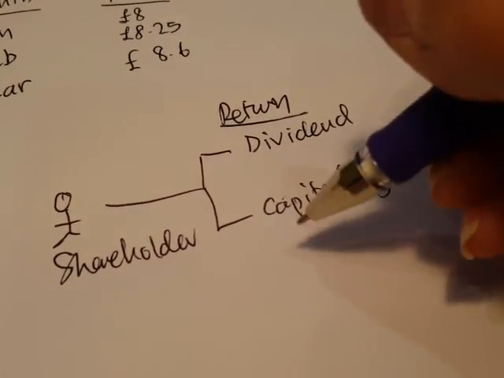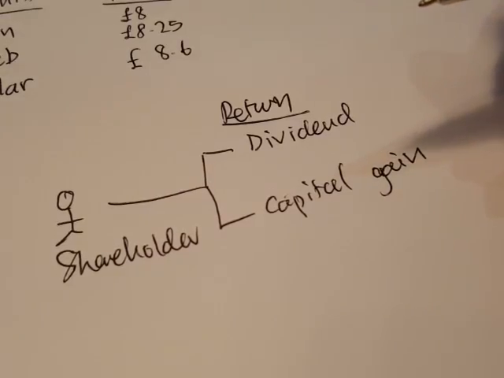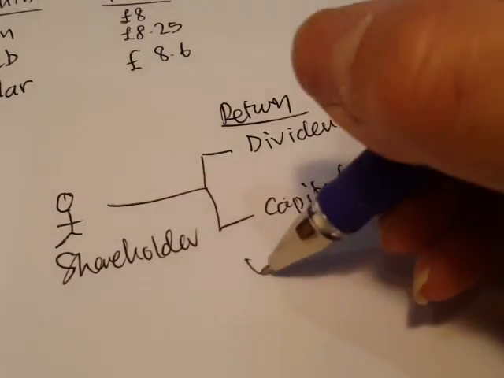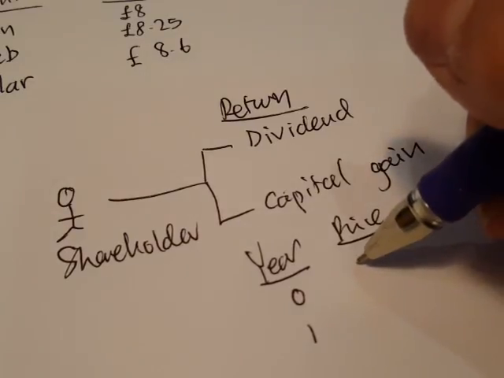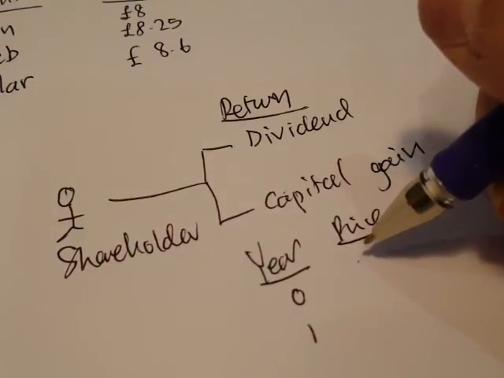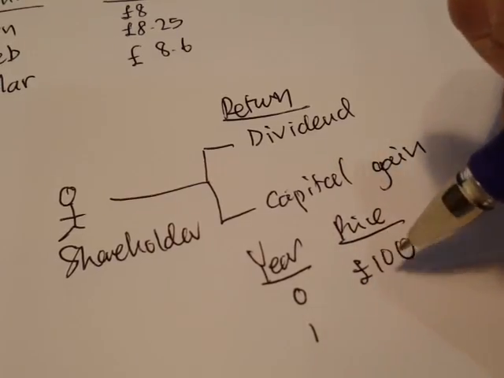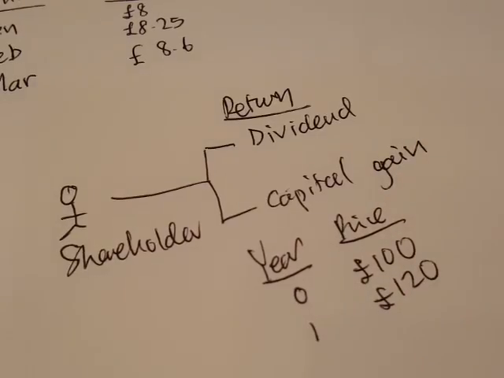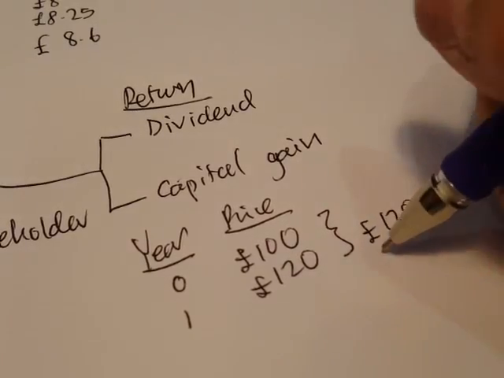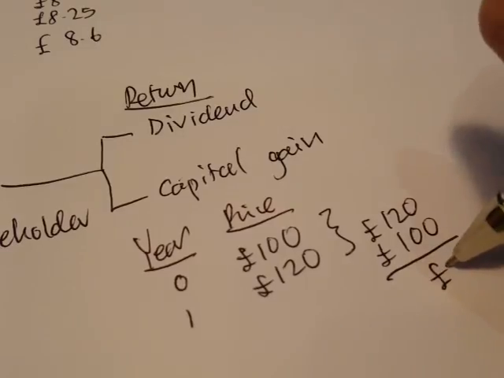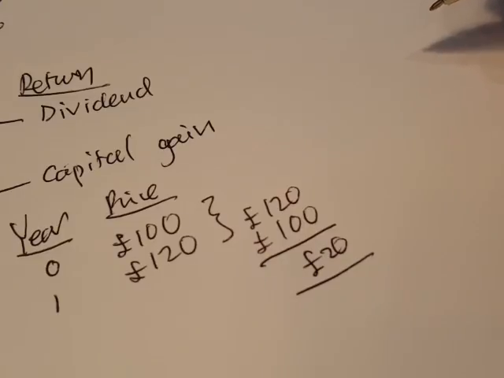A capital gain is simply the increase in the price of the share that he purchased. If he buys earlier at a low price and the price increases, say from 100 to 120, he will earn a difference of 20.